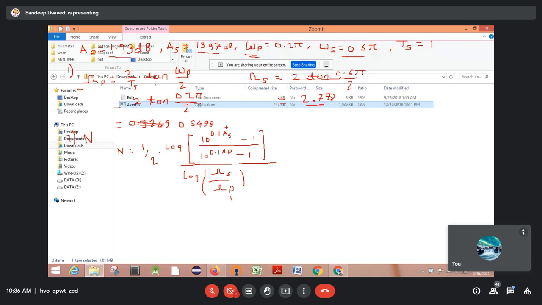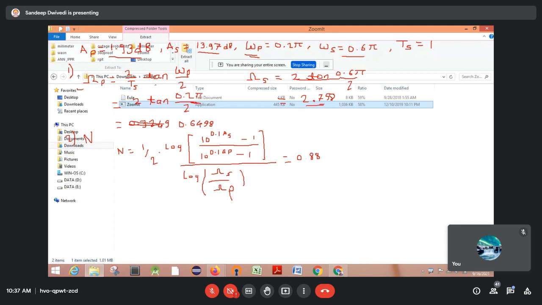First of all, try to calculate this square bracket, then this value, and take their logarithm and multiply that by 1 by 2, or 0.5. If you do this calculation you will get an approximate value of 0.88.